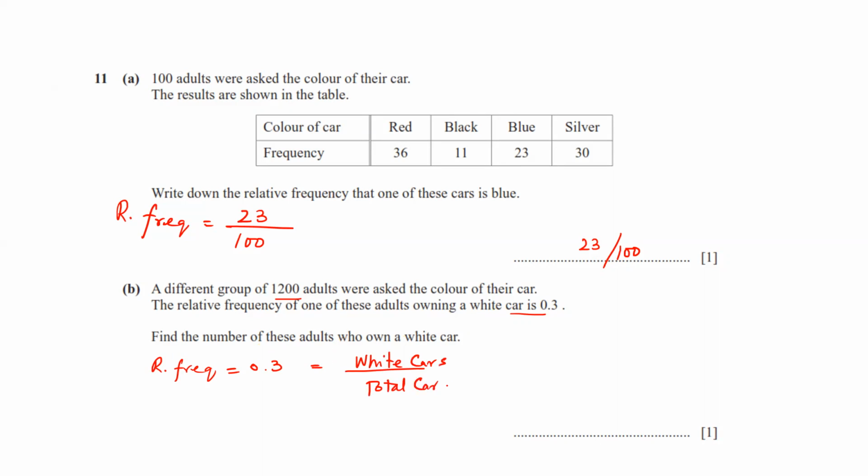So 0.3 multiplied by the total number of cars, 1200, is equal to white cars. So 1200 into 0.3, 3 divided by 10 into 1200, comes out to be 360 cars.